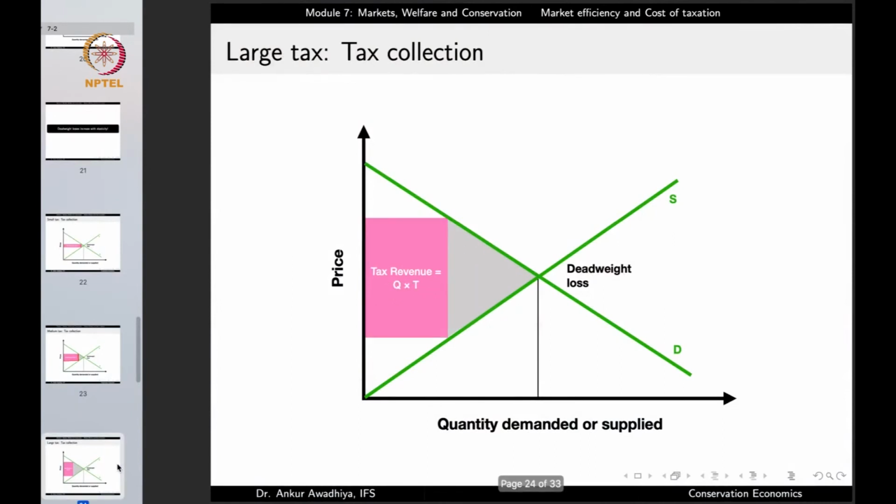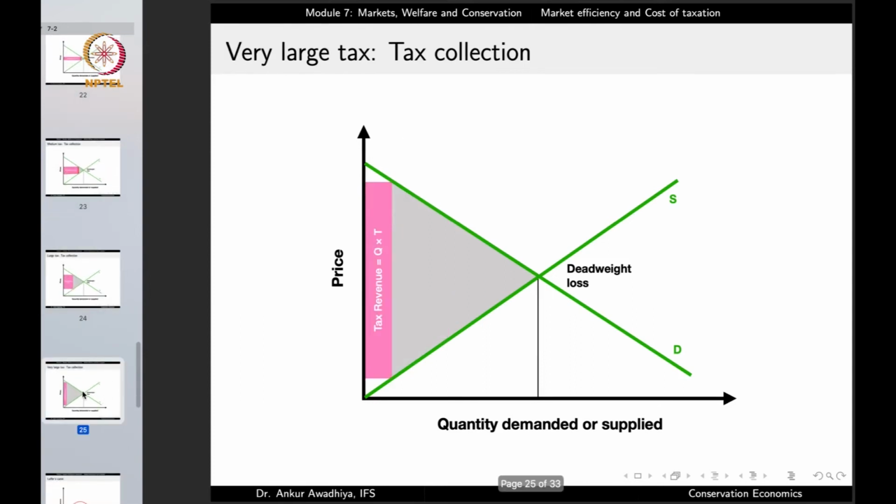Now, if the tax increases even further, then we'll have a situation like this. So now the T has increased even more, the Q has reduced even more, and the quantum of tax collected is now given by the area of this pink colored rectangle. Now, what will happen if the T is increased even further? So now the tax size is very large. The quantity that is bought and sold is very small.